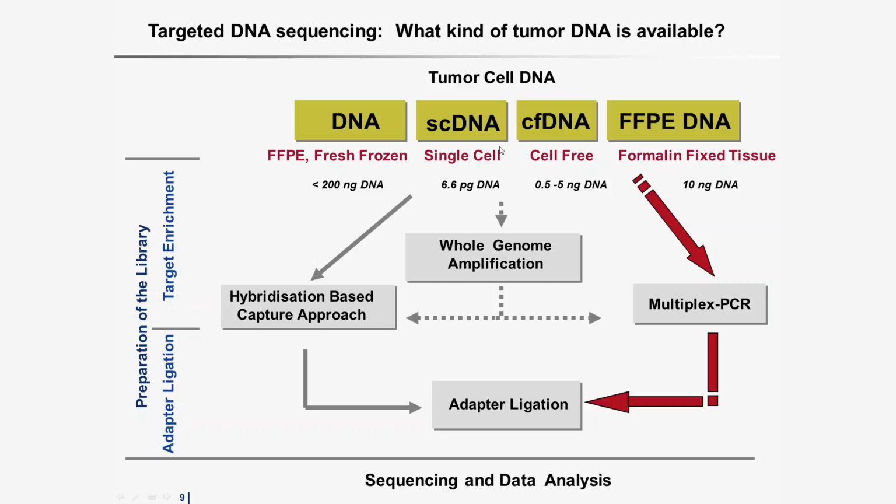But sometimes you have only very, very little DNA, for example, when you want to perform single-cell analysis, or when you want to analyze cell-free DNA, then you have only low amounts, and then you can introduce one additional step of a whole genome amplification, and so you have amplified your DNA amounts, and then you can use it for hybridization-based capture approaches or also for multiplex PCRs.